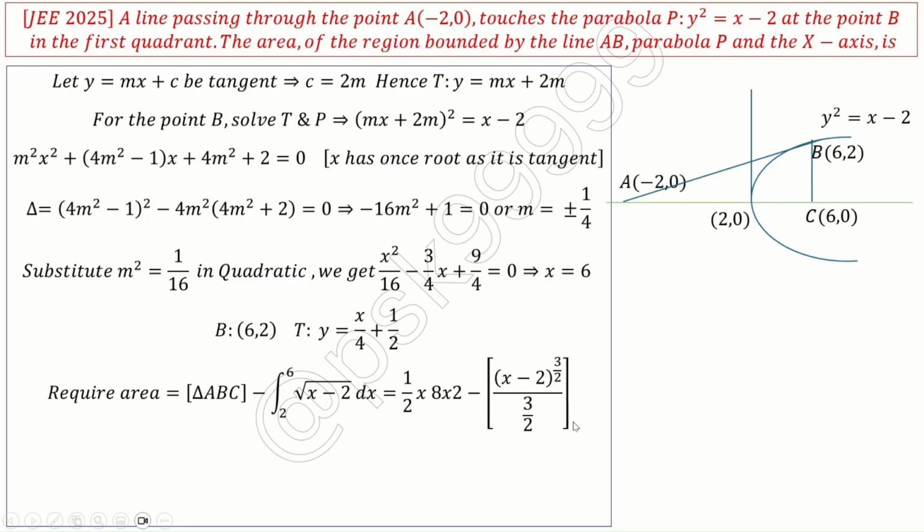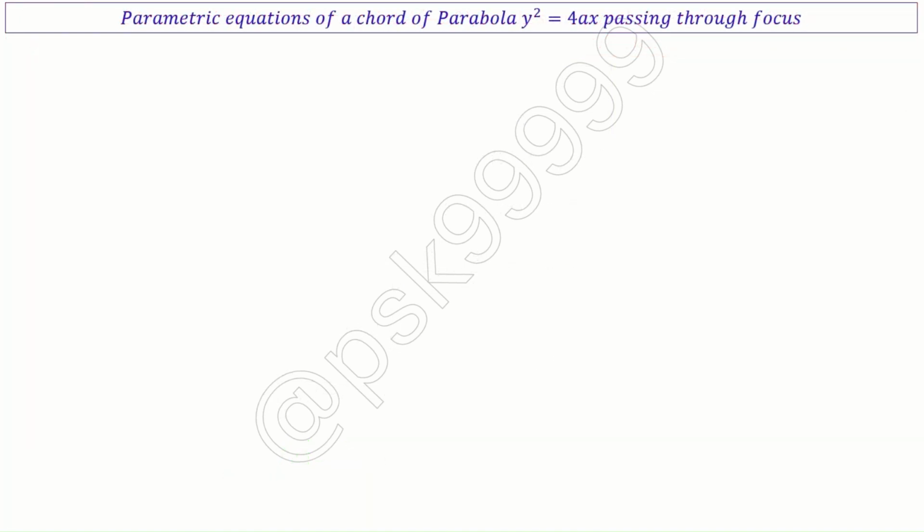I apply the upper bound of 6 and the lower bound of 2, simplify it, and I get 8 by 3. This is the required area covered by the triangle and the curve. Okay, that's the answer. Next. Yeah, let's learn a concept.